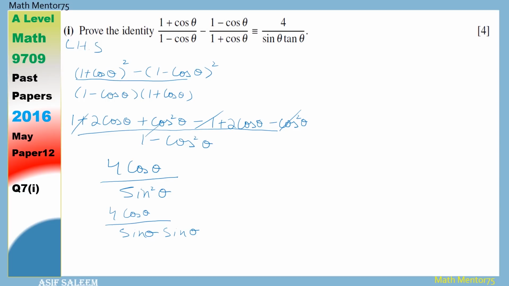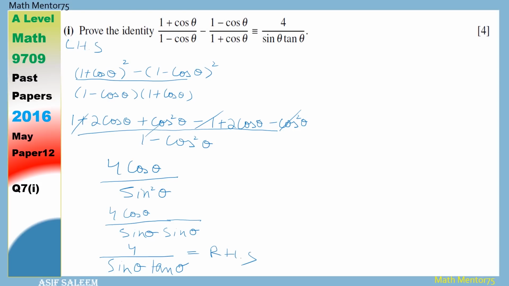Now we have to prove tan theta. So we can divide numerator and denominator by cos, so that this becomes 1. So this becomes 4 over sine theta. Sine over cos, that becomes tan theta. This is our right hand side.